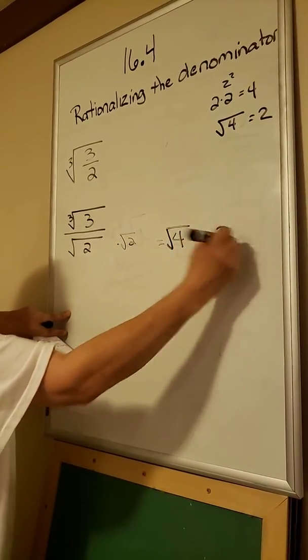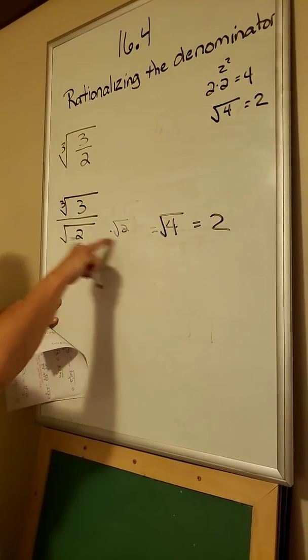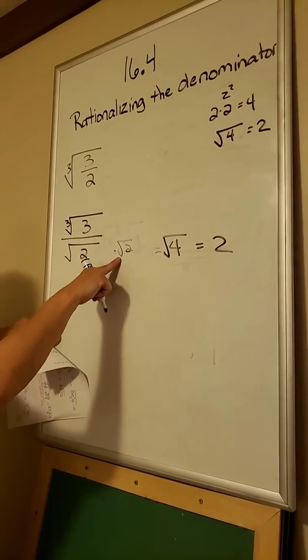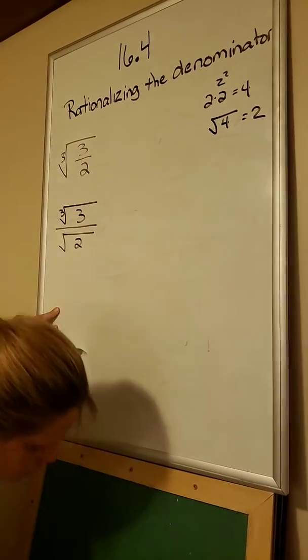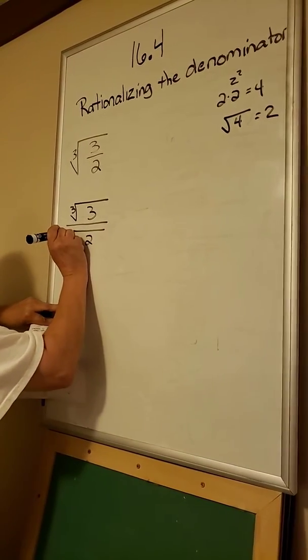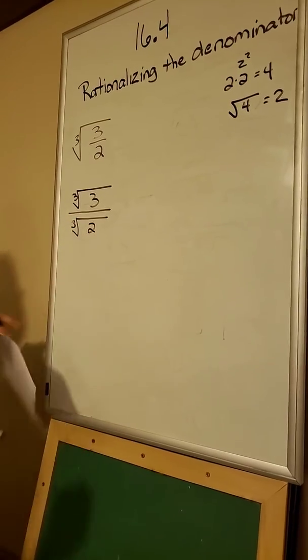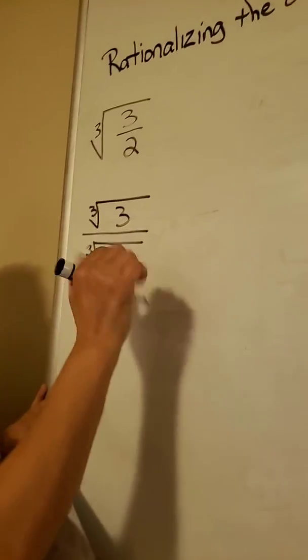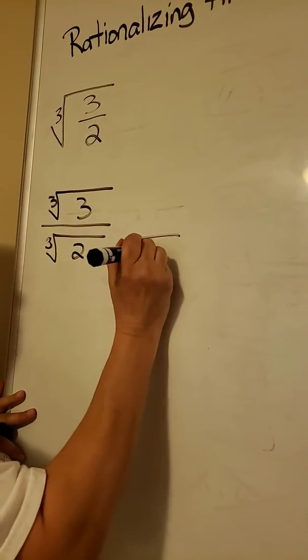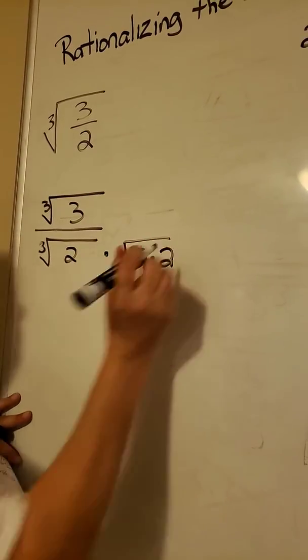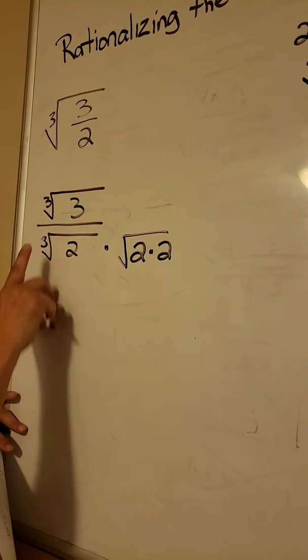Radical 4 is 2. 4 is a perfect square. That's why I can just take when it's a square root and multiply it by itself. But in this problem, it's not a square root. It's a cubed root. So instead of just multiplying this by radical 2, I'm going to have to multiply this by 2 times 2. Follow my reasoning here.